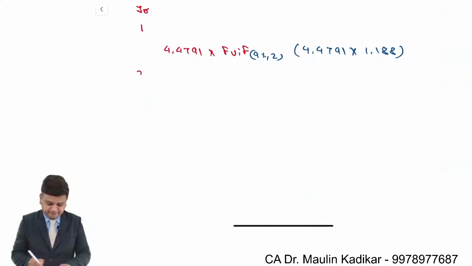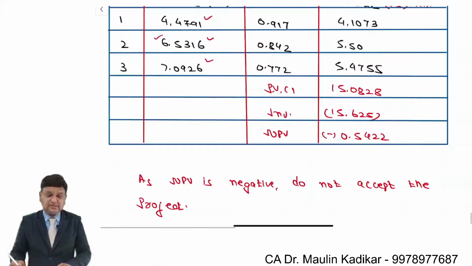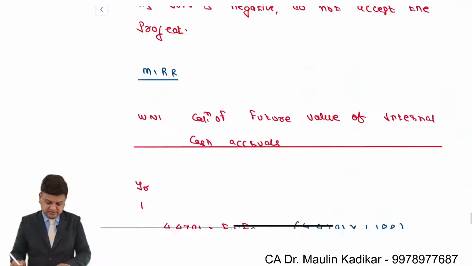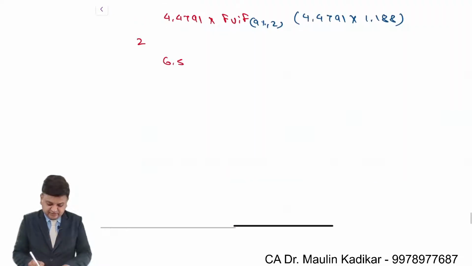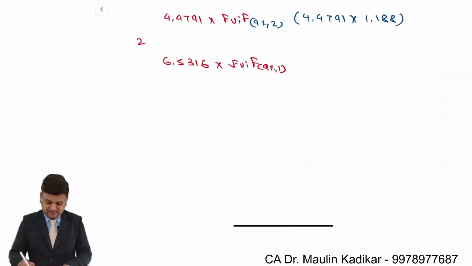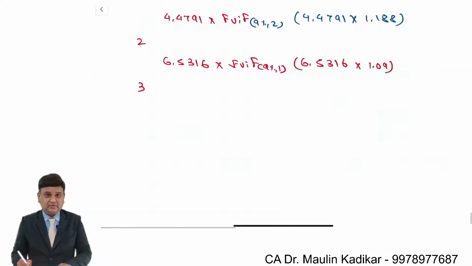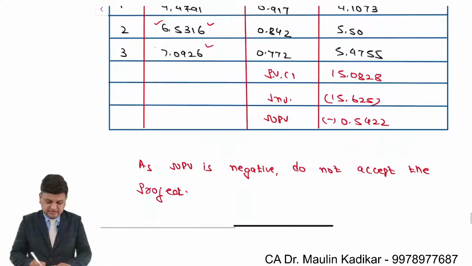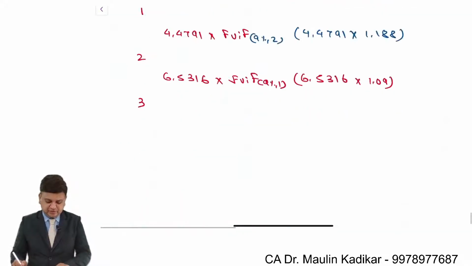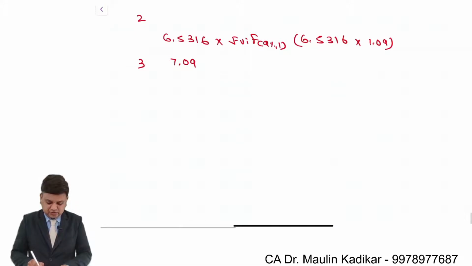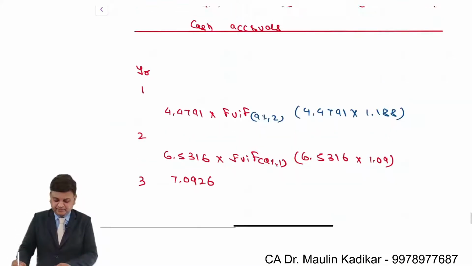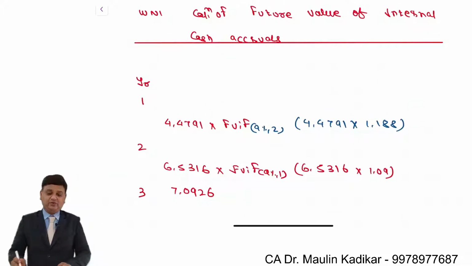For the second year, it is 6.5316 into future value interest factor at the rate of 9% for 1 year, 6.5316 into 1.09 raised to 1. For the third year, it is 7.0926, and of course it is not subject to any compounding. It is going to be kept as it is. This is the way the future value of the internal cash accrual will be calculated.